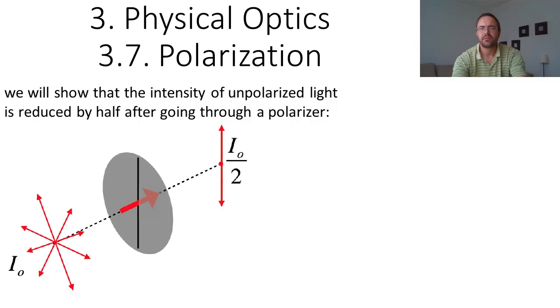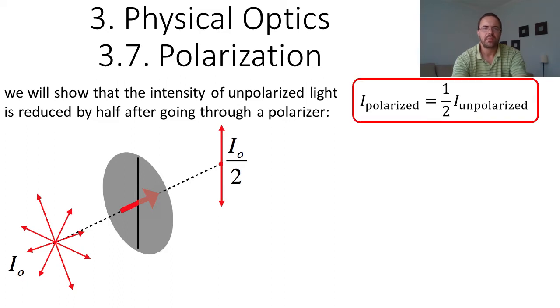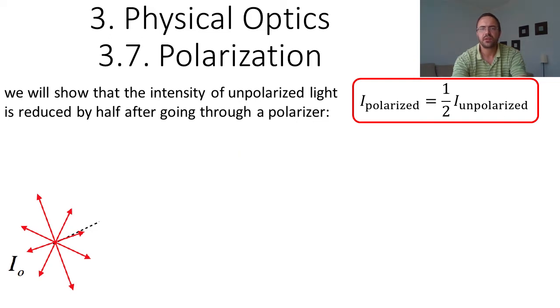Now, the first result that we will show about polarization is that the intensity of unpolarized light is reduced by half after going through a polarizer. So I polarized is equal to 1/2 of I unpolarized. Let's first look at the unpolarized light.